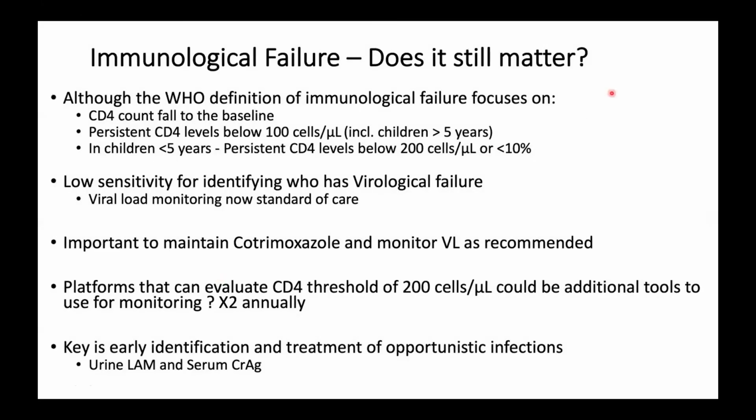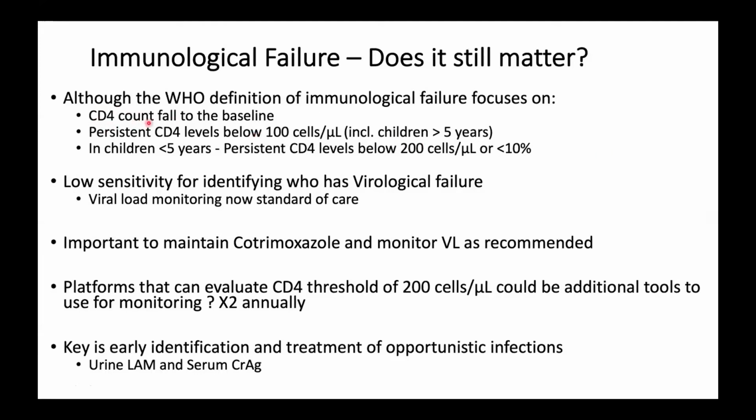And I think one big question that comes up is, does immunological failure still matter? We know the WHO definition of immunological failure, published in the last 2 or 3 iterations of the HIV guidelines.